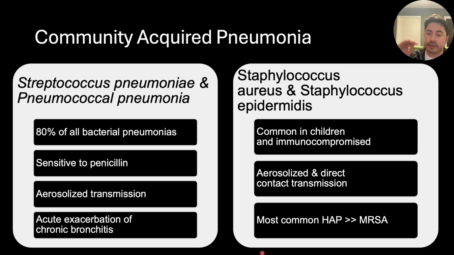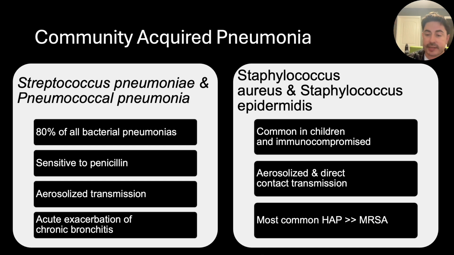You can touch a surface and then wipe your mouth. The transmission is greater with these staph bacteria than the strep. This is common with kiddos and also with the immunocompromised, and we can see that with hospital-acquired pneumonia and MRSA.